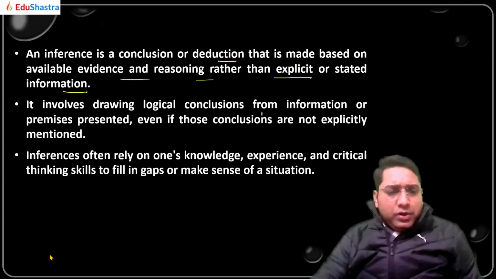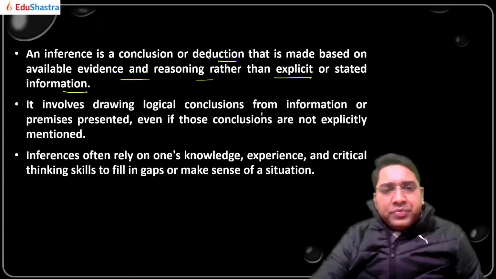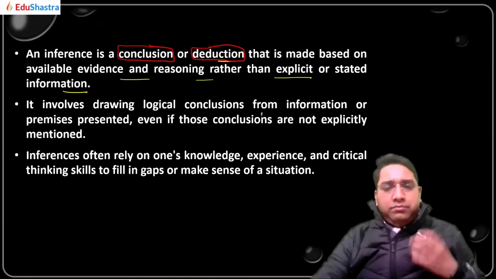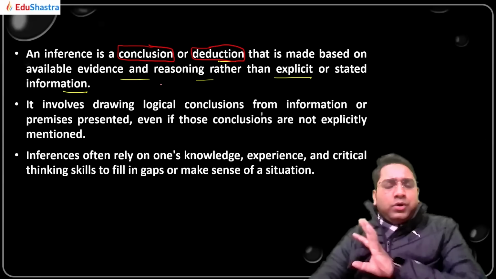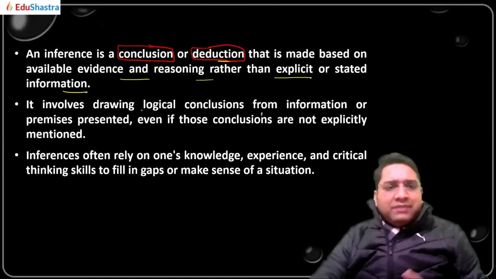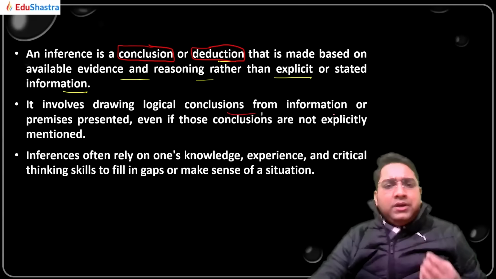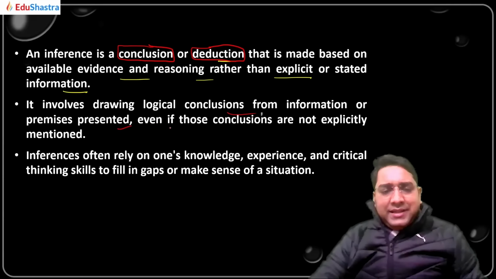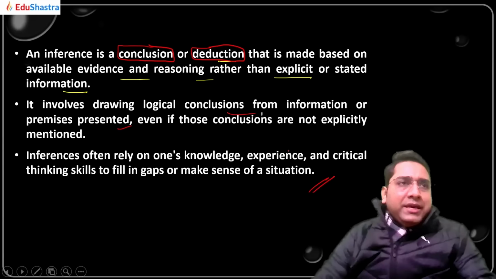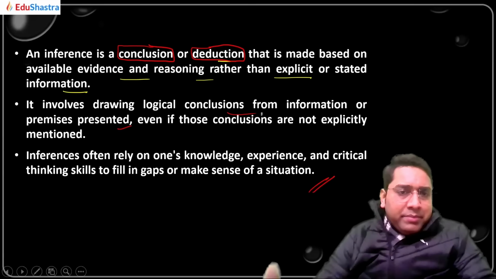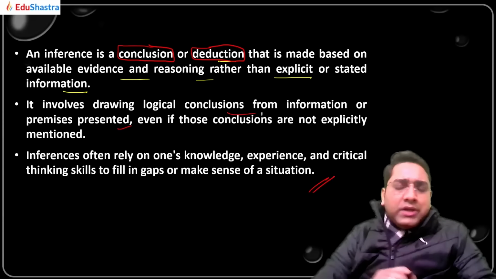So this we have already gone through. But now one more new term is the deduction. What does it mean by conclusion? We know we conclude something based on some data, but it is different from conclusion. It involves drawing logical conclusion from information or premises presented there. Doesn't make sense for me. I'll make things clear for you in such a way so that you never forget.